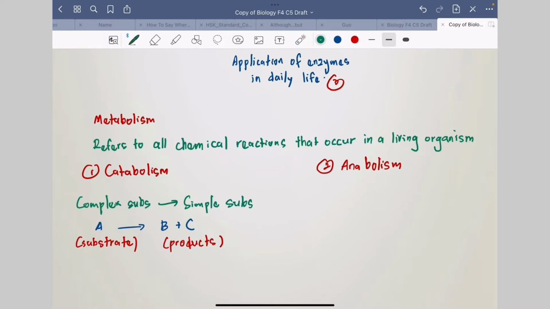And then this reaction usually releases energy. An example of this reaction that releases energy, the breakdown of complex into simple substances, is glucose.